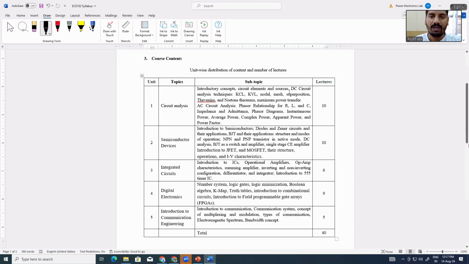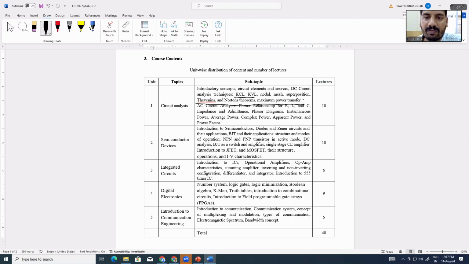Up to this section, you will see the different circuit elements, different types of sources, and how we can solve the circuit for parameters like the voltage and current values.